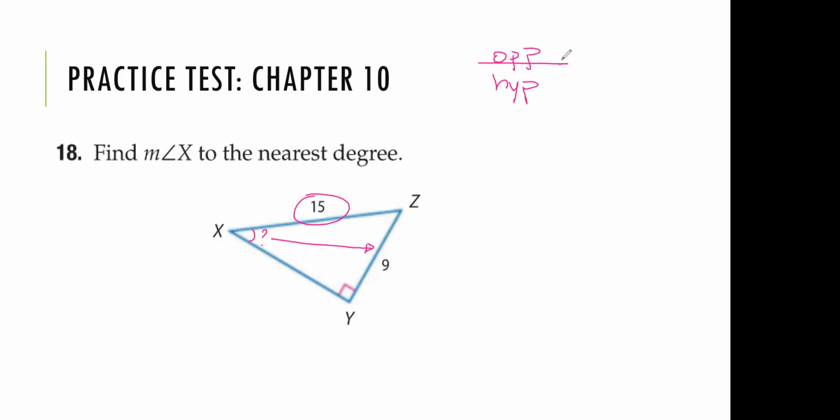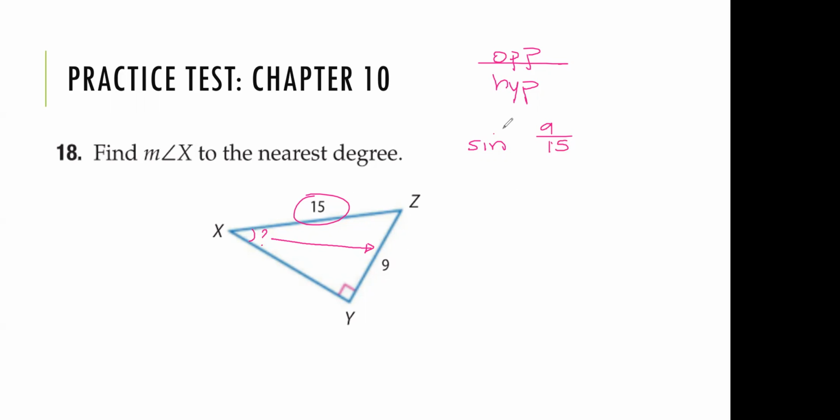So that is the sine. Okay. So we want the sine, and that's going to be opposite, which is 9, and then hypotenuse, which is 15.